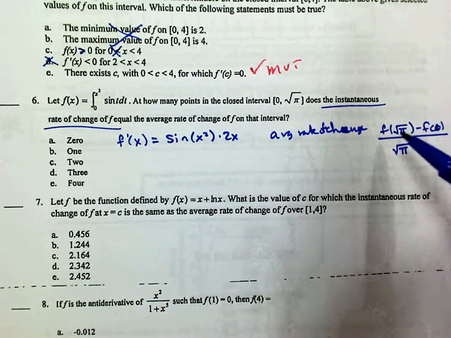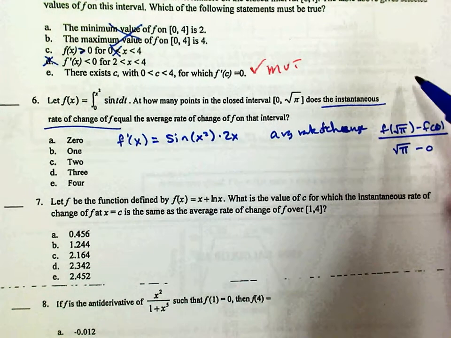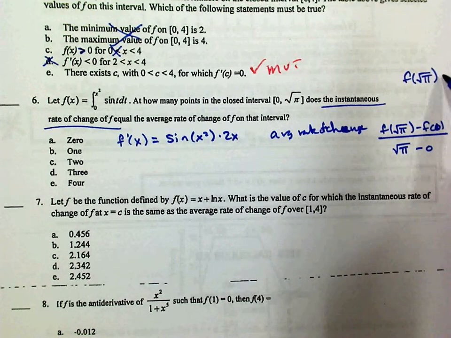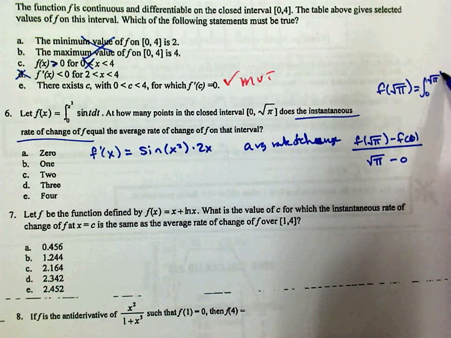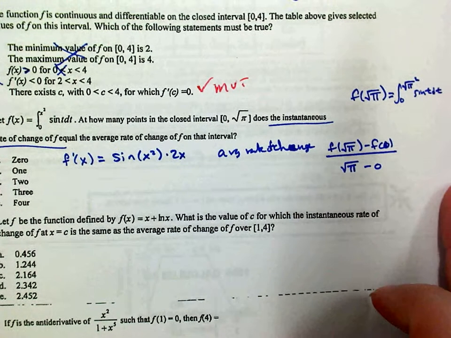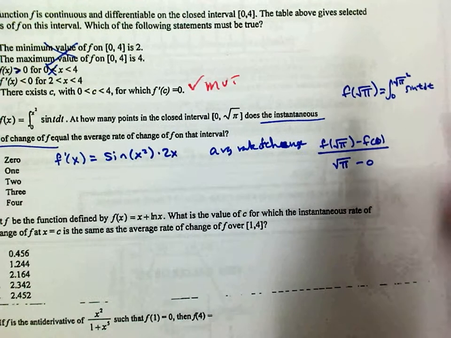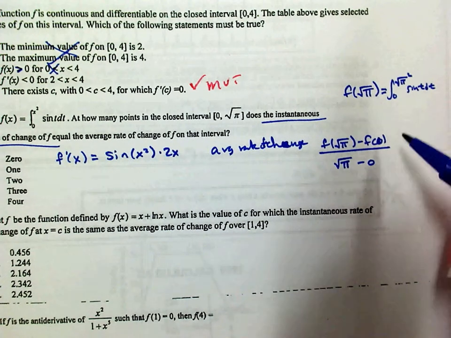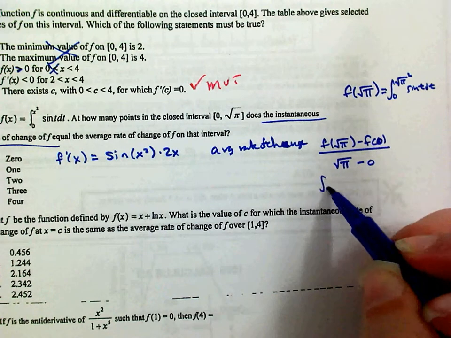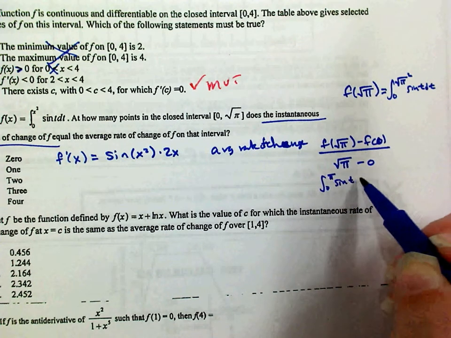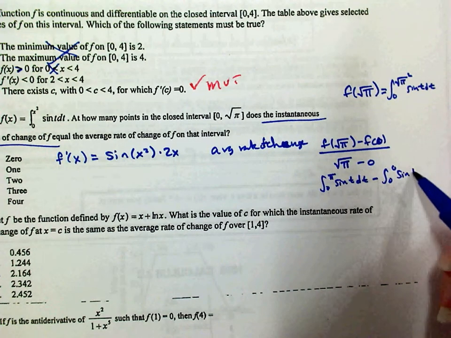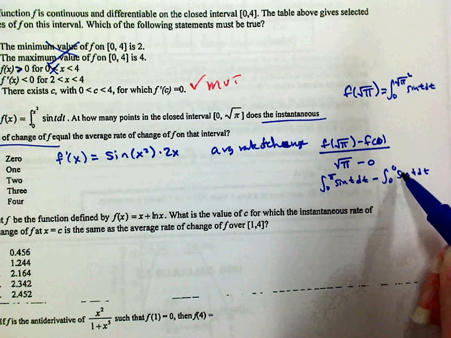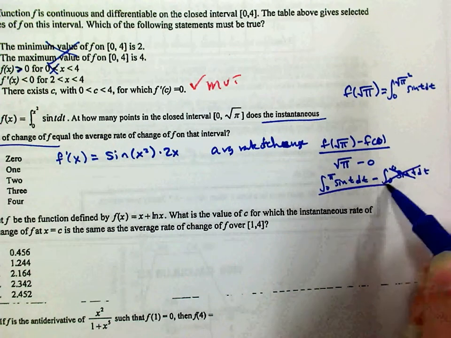Okay, so if I plug in f of the square root of pi, f of the square root of pi equals the integral from 0 to square root of pi squared of sine of t dt, right? So that's the integral from 0 to pi of sine of t dt, which I could find, minus the integral from 0 to 0. What's the integral from 0 to 0? Okay, so that goes away, over the square root of pi.